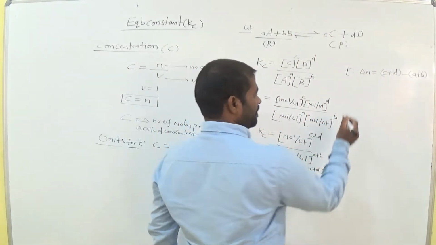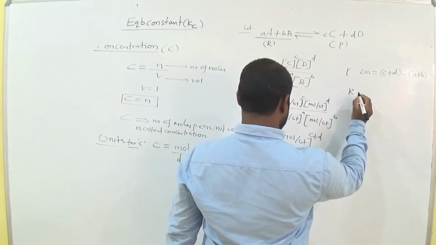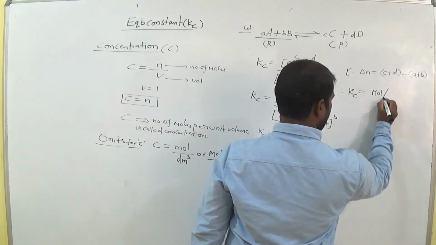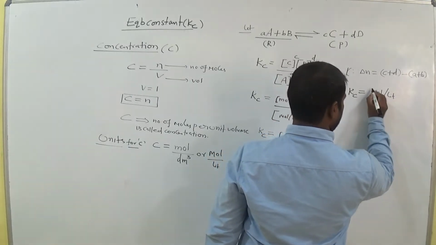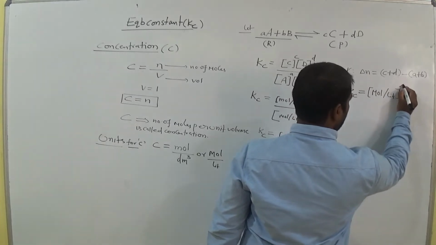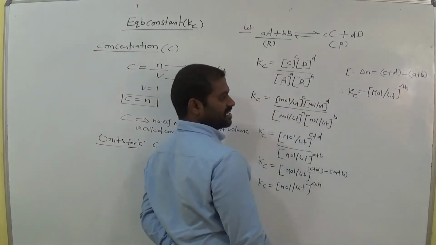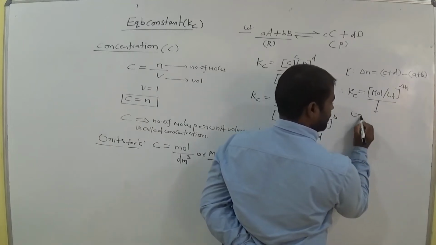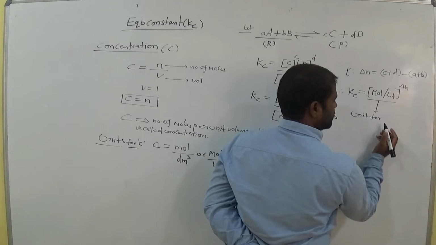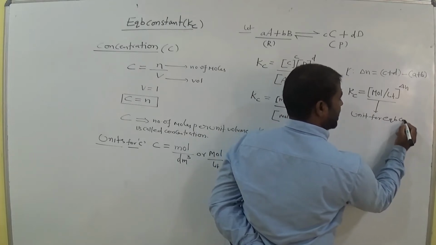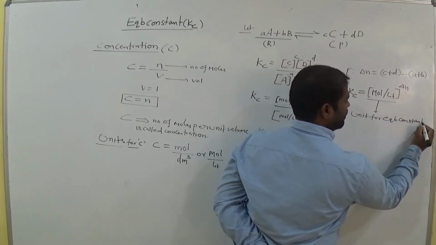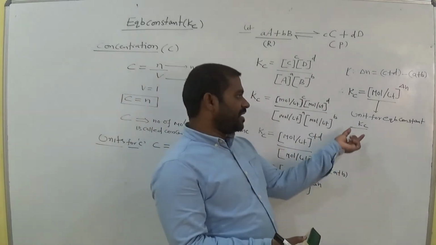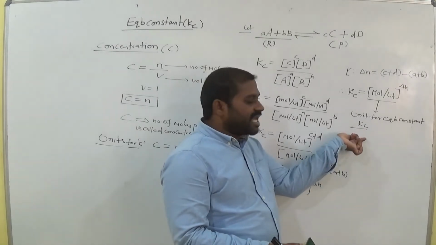That means number of moles of products minus number of moles of reactants. So finally, Kc is equal to mole per liter whole power delta n. So this is the unit for equilibrium constant Kc.